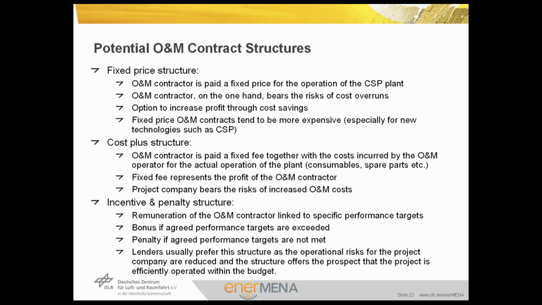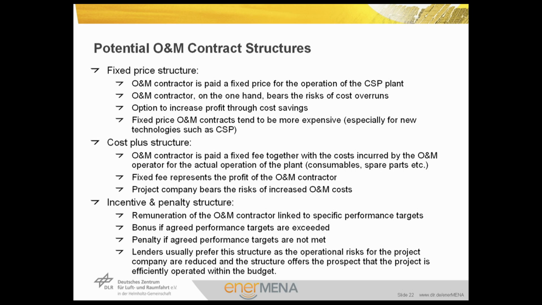In the fixed price structure, the operation and maintenance contractor is paid a fixed price for the operation of the CSP plant. The operation and maintenance contractor, on one hand, bears the risk of cost overruns and therefore tends to be more expensive than the other structures.